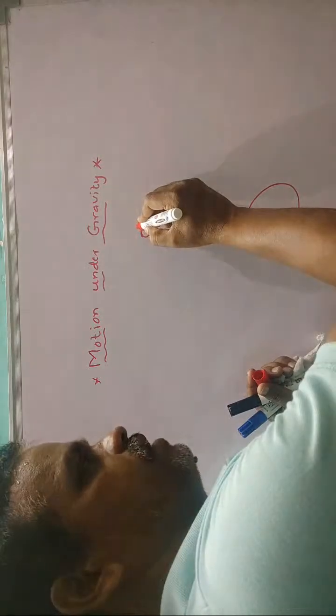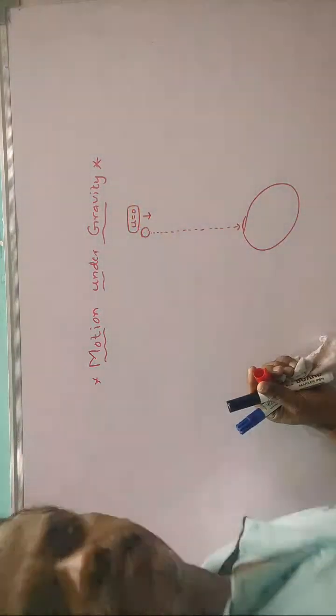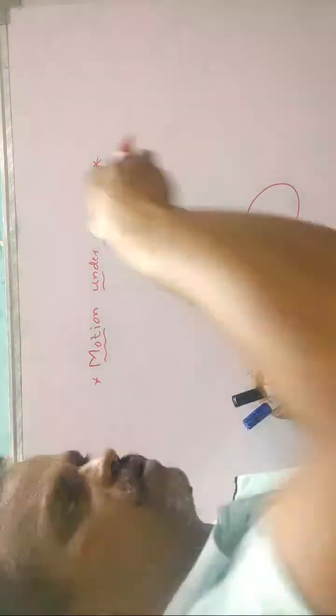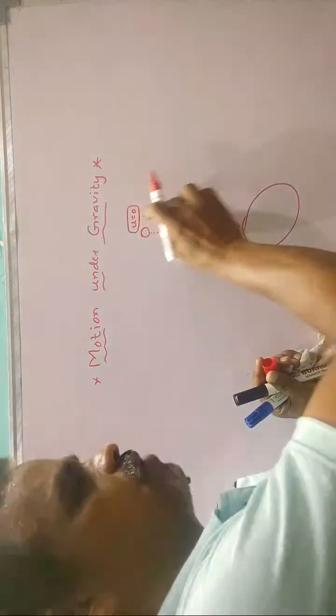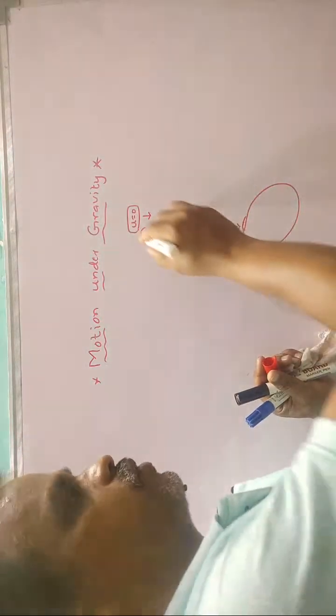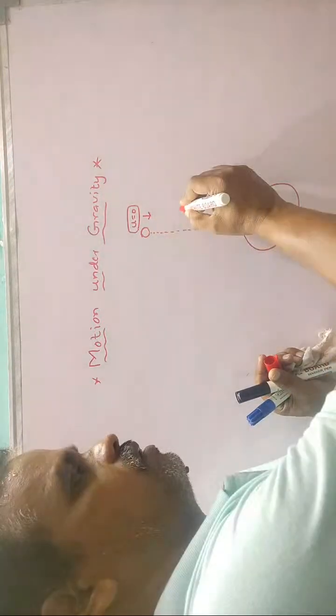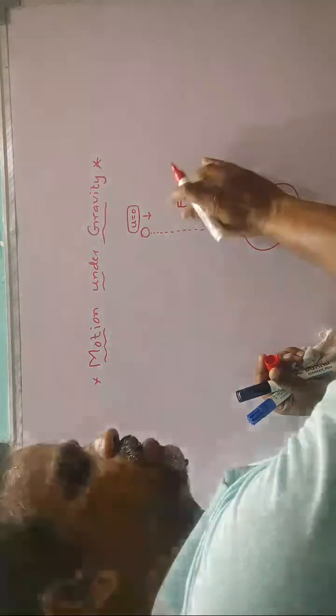If it does not have any velocity initially, u equal to 0, then when we drop the ball, it will come down to the earth and fall on the earth. During this, the earth will attract this ball with some gravitational force.